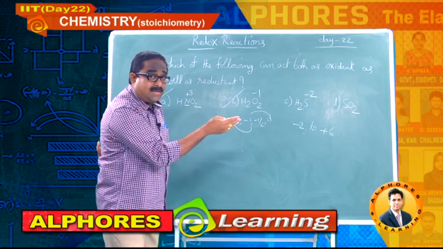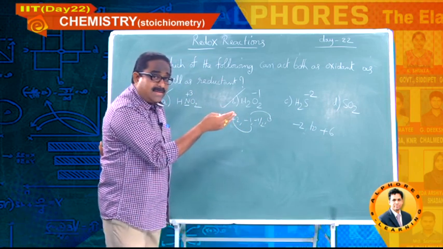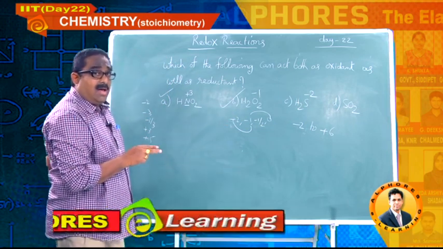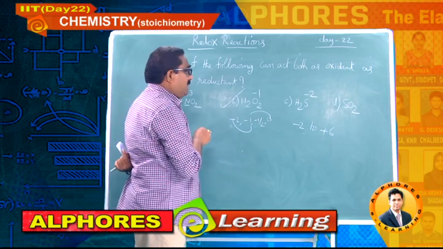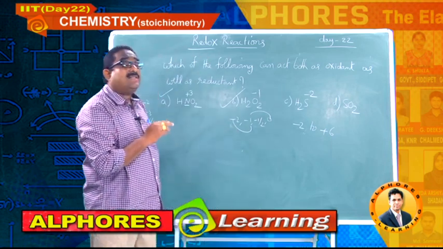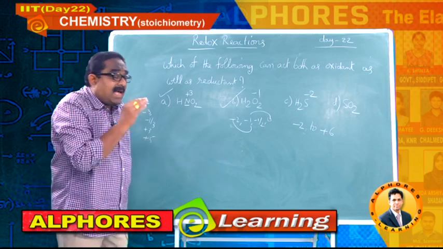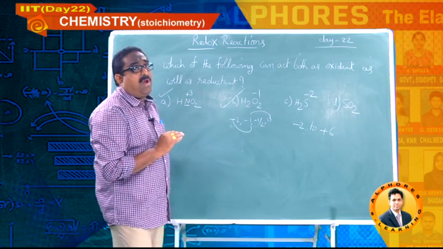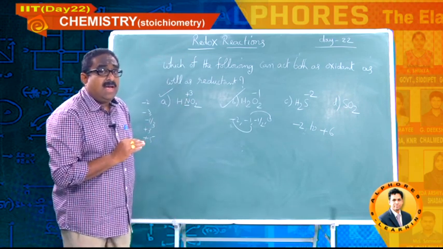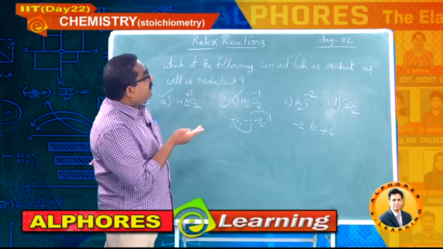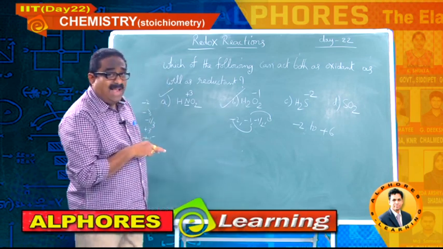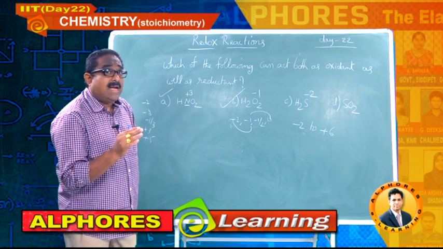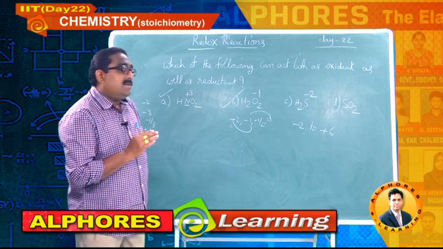That is why it can act as a reducing agent, but it cannot act as an oxidizing agent because it cannot undergo reduction, because it is already present in the least possible oxidation state. That is why it cannot act as both oxidant as well as reductant. So, it cannot act as oxidant, it can act as only reductant. That is the reason.